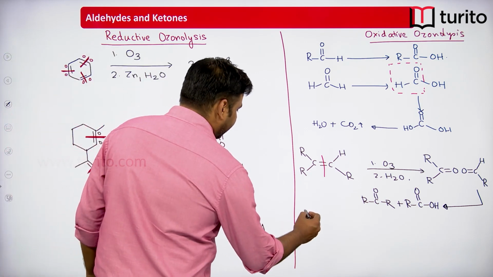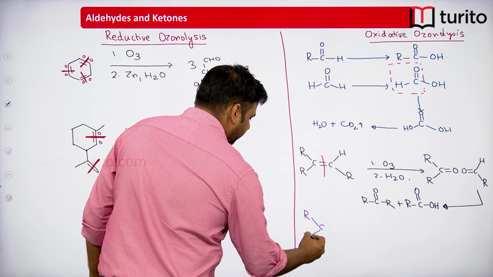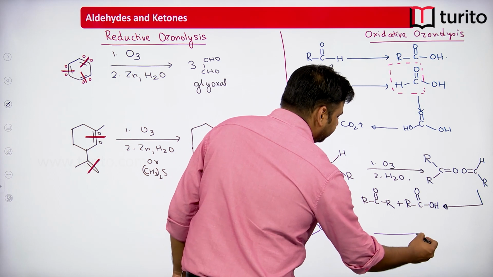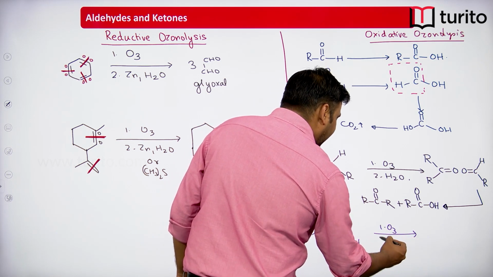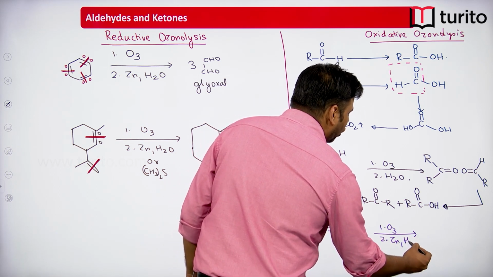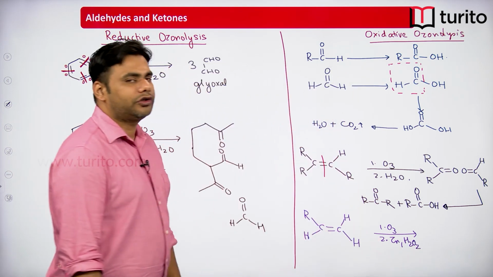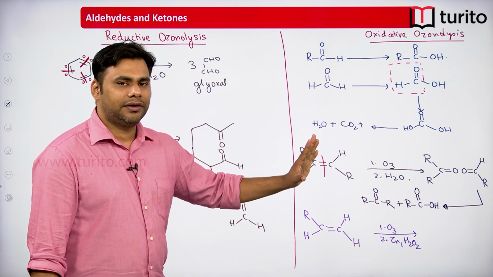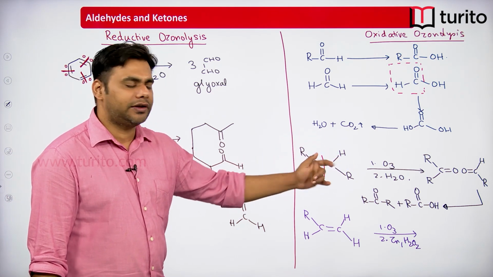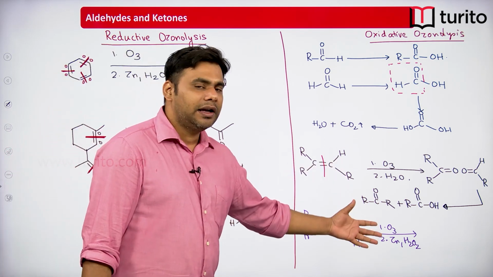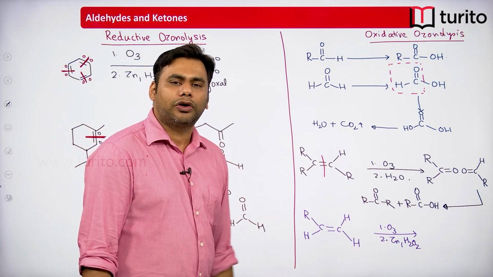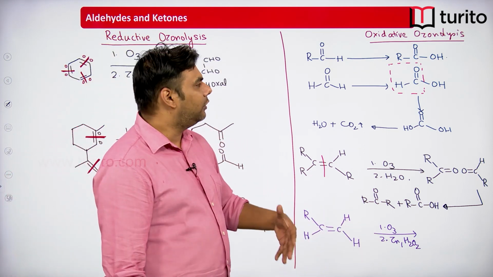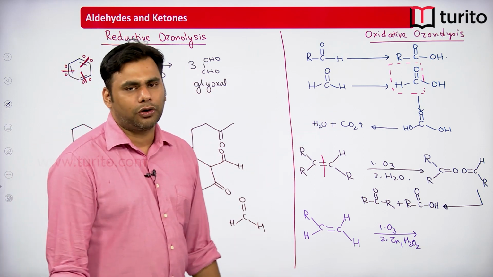Now suppose we are having an alkene like this. To this we add ozone, and in the second step if we are adding zinc, then we have to take a strong oxidizing agent like H2O2. So in oxidative ozonolysis we add ozone and in the second step we don't add zinc. Otherwise, if we are adding zinc to it, we have to add a strong oxidizing agent like hydrogen peroxide that would oxidize the aldehydes into carboxylic acid.